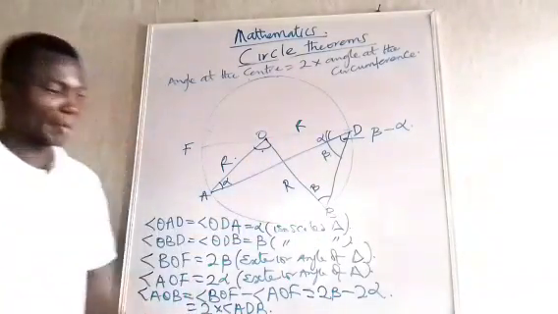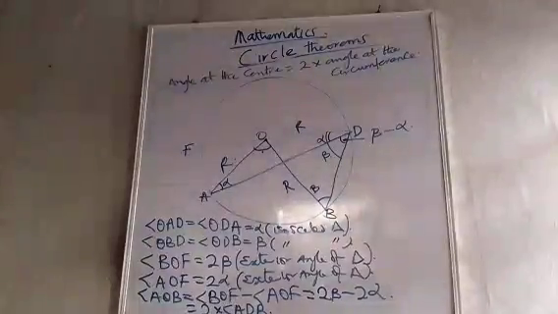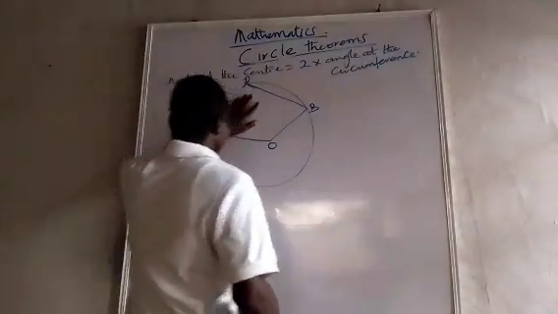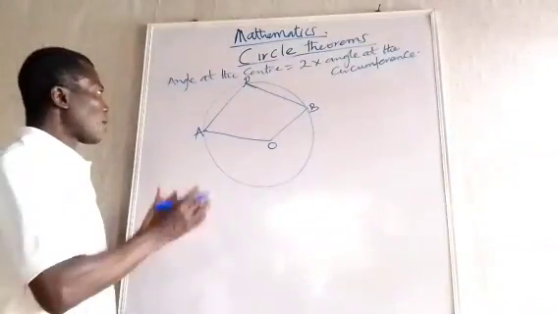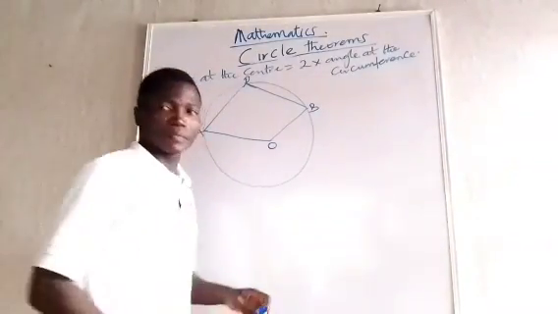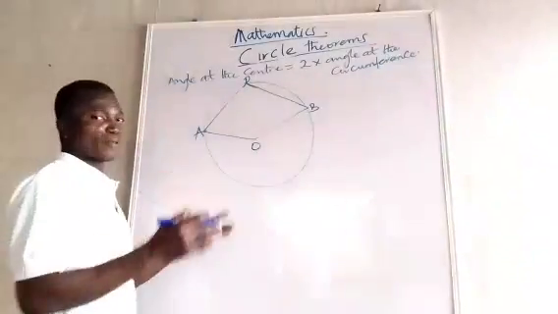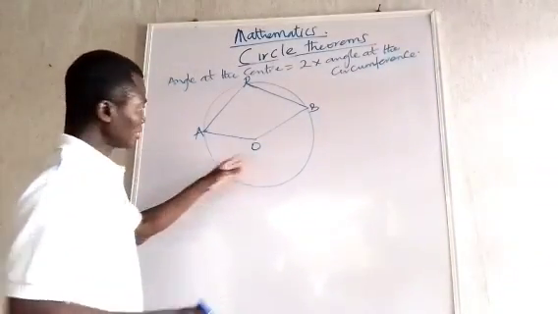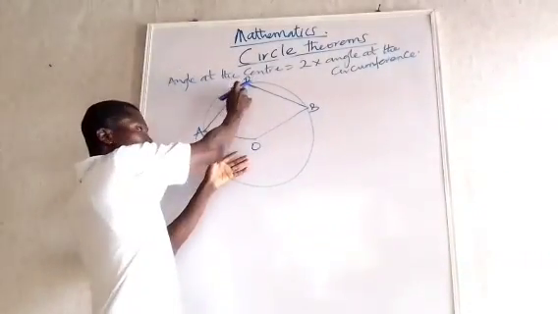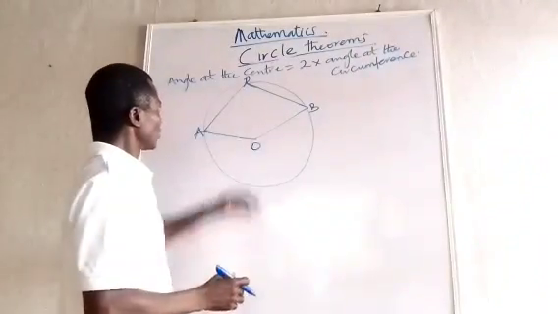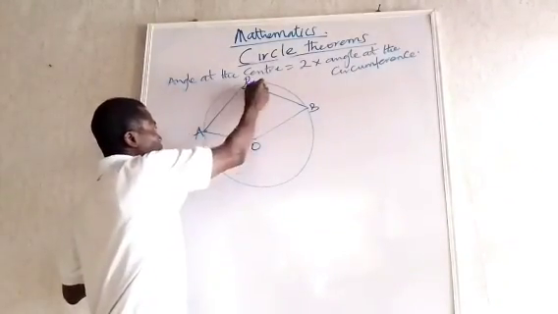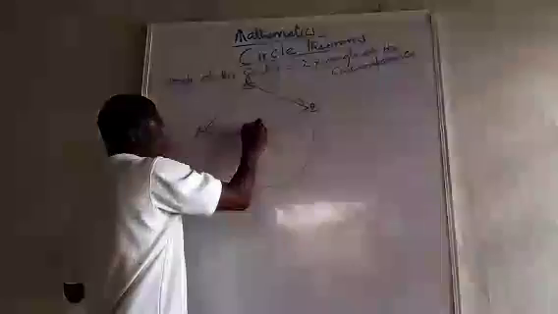I will give you another type of circle that you might come across. Now look at this one. What I want to show you is this. If you are talking about half of the angle at the circumference, it will be the one opposite the angle at the circumference. So that, like this one here, is never equal to this.